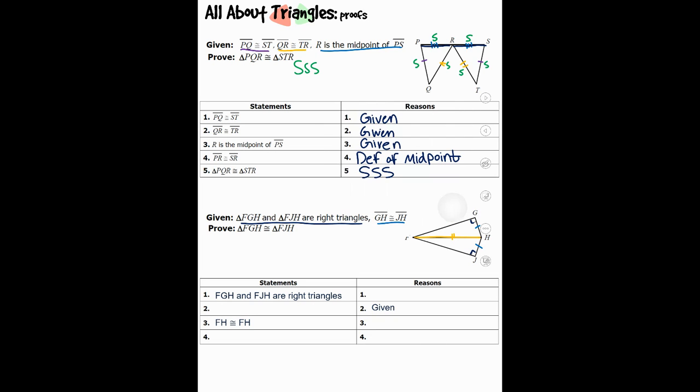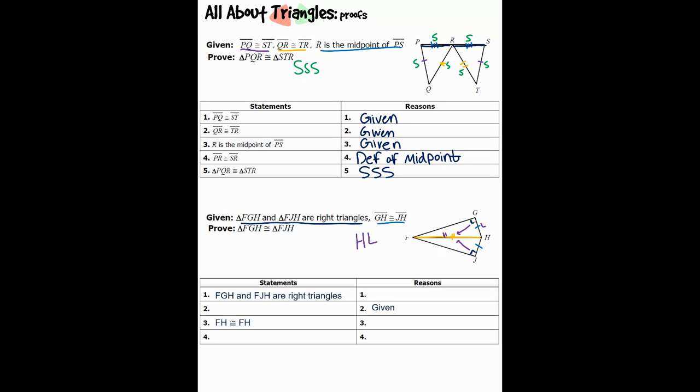One of our theorems with right triangles is hypotenuse leg. Is this our hypotenuse leg? Remember, hypotenuse is across from the right angle. So this is our hypotenuse, and this definitely is a leg. So these are congruent by HL.